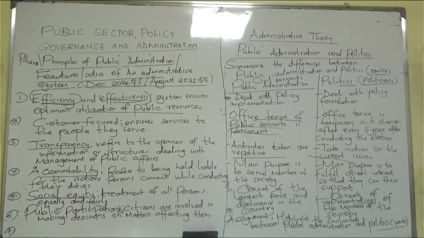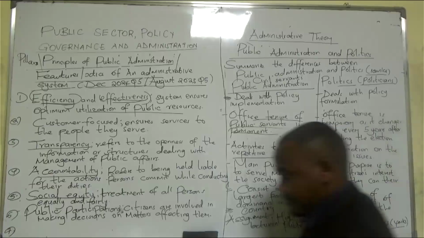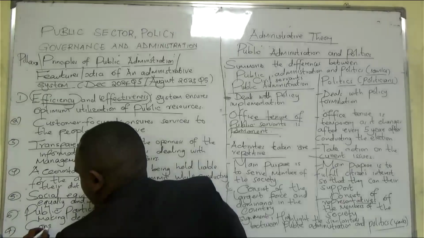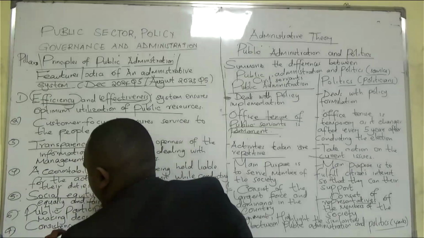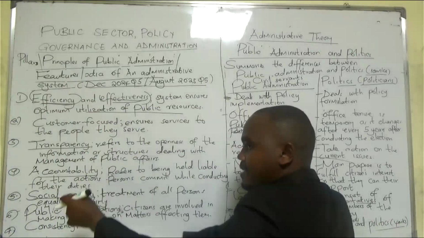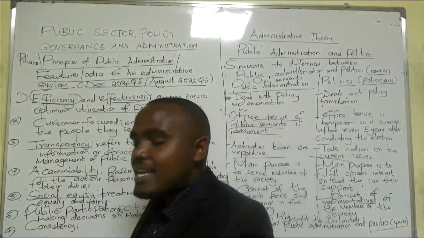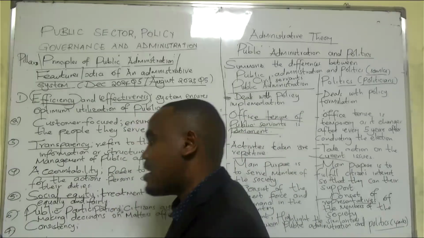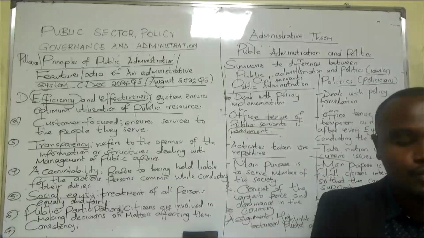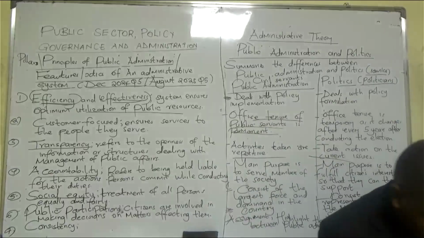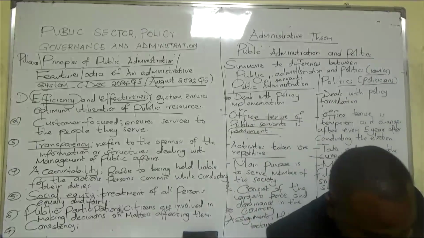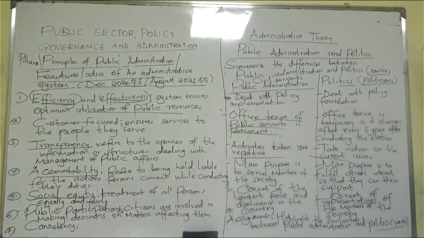Another feature that we commonly say is a pillar, a principle of public administration: consistency. Consistency means that these administrative systems and public administration strive to improve services to the people.